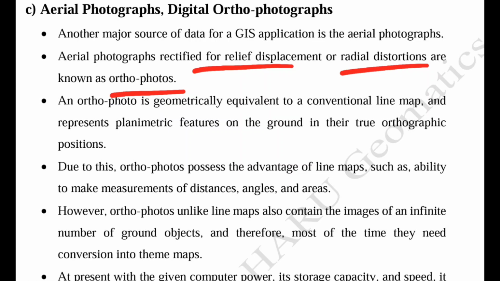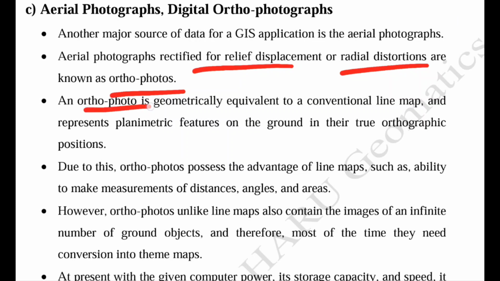Means there are many errors or distortions taking place in the aerial photograph. If they are rectified, means the photograph that does not contain any relief displacement, that are known as the orthophotos, and that provide the accuracy. So orthophotos are used in the GIS application for the accuracy.